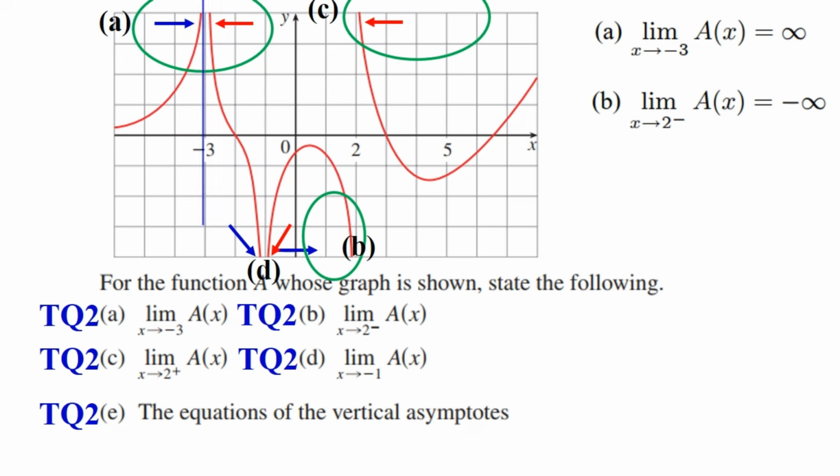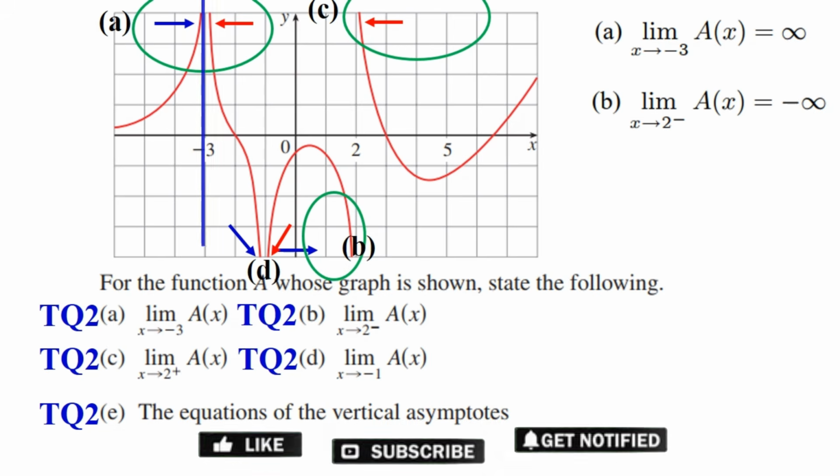What is the limit of the function a of x as x is tending to 2 from the positive axis? If you look at it very well, as the arrow is coming, tending to 2 from the positive axis, it's going to hit the curve as the curve is tending to infinity.